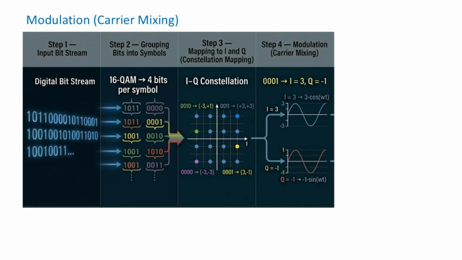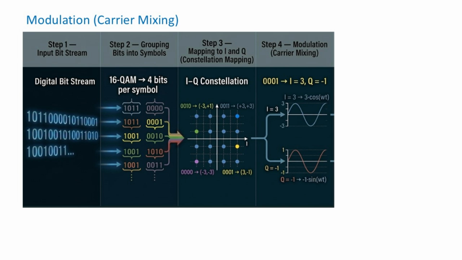Now we move to the modulation step, where the I and Q values are turned into actual waveforms. We take one selected constellation point, for example the symbol 0001, which corresponds to I equals 3 and Q equals -1. This symbol is then split into 2 paths.